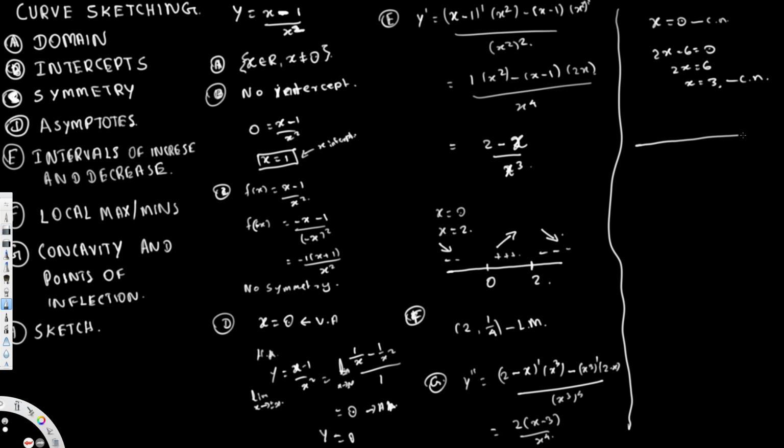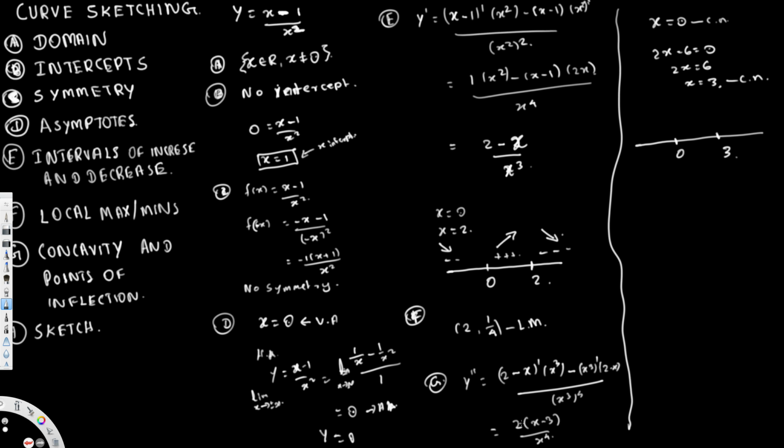So let's check the values in between them. I have a critical number 0 and I have another number 3. Let's plug in a value below 0, let's say negative 1. Negative 1 minus 3 is going to be negative 4.